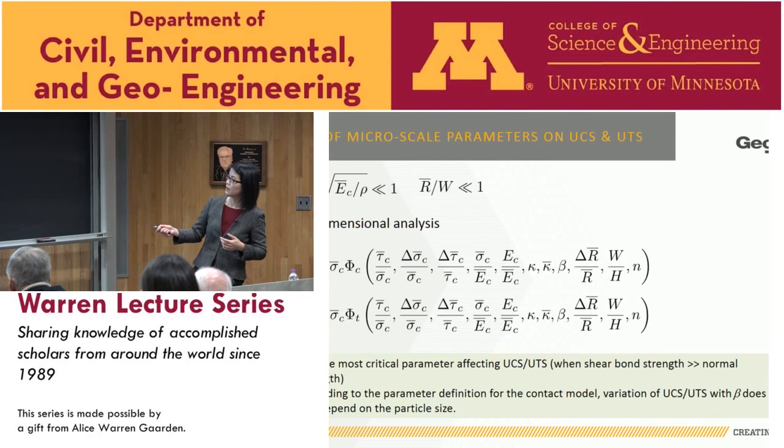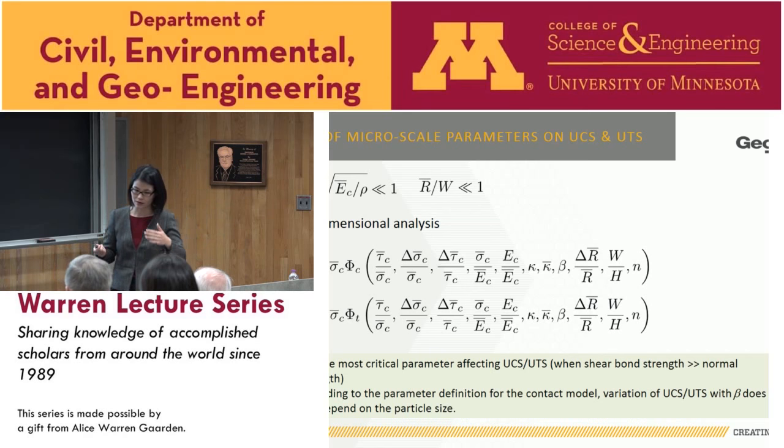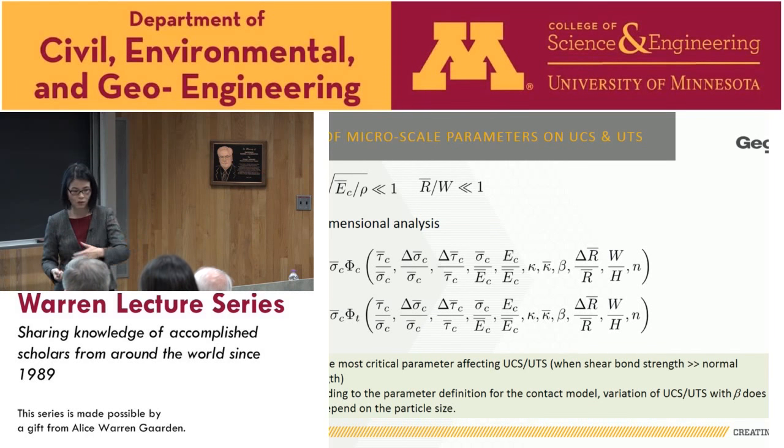In other words, the strength ratio as a function of beta, the curve I just showed you, will change slightly if you change parameters such as those. But the order of magnitude, the global behavior, the overall trend of the dependence of the strength ratio on beta, would still be the same. So what I presented to you is in the ballpark. It will be true for all the kinds of parameters you are going to simulate for rocks or concrete.